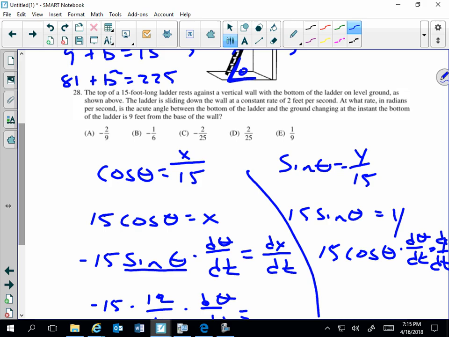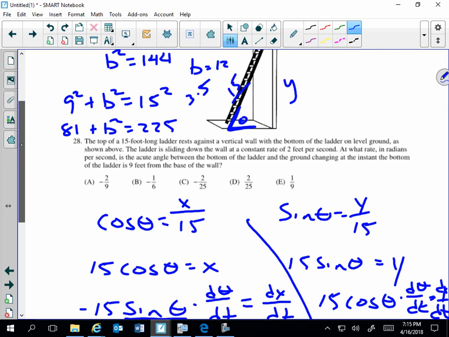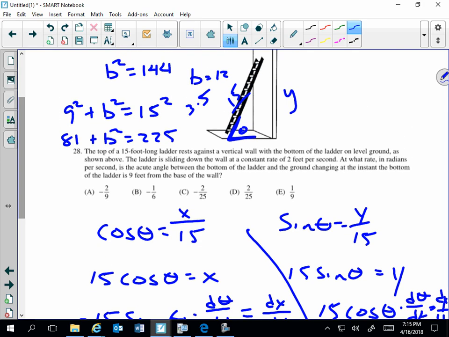Those of you who are wondering what I'm doing, I need to write a relationship between what I know and what I don't know. I know the 15, and I don't know the y, and I'm looking for the rate at which the y is changing. That's why I had to change.